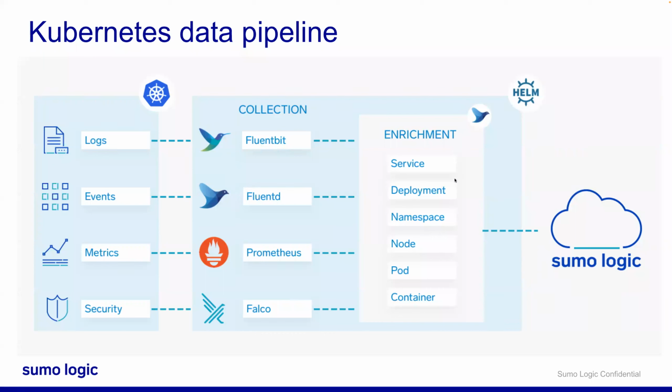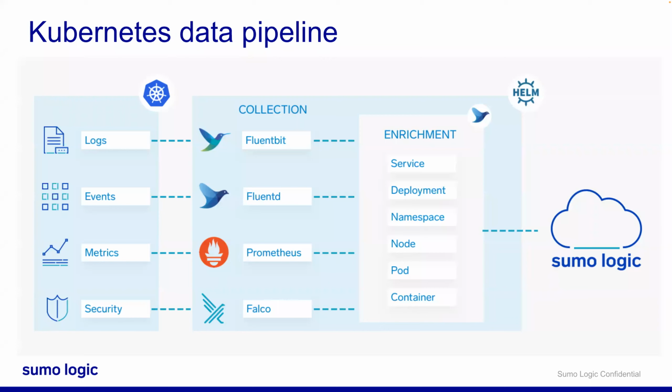So when it hits this enrichment step, that's where it's going to apply the service, the pod name, the namespace name, all that information is going to be applied at that point. And then from there, you can search the data in Sumo Logic on the right-hand side of the screen. So that's a pretty good representation of the data pipeline.